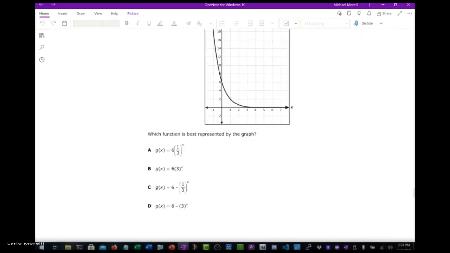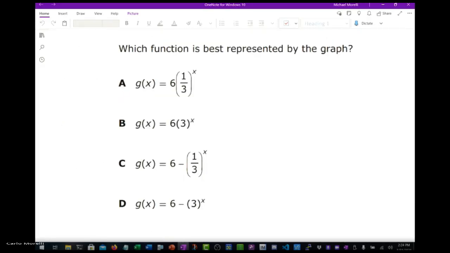Great. Okay, look at this and pick the answer. Remember what I told you. There can be nothing in between the starting value and that parentheses sign, so you can eliminate C and D. We said it was decay, which means the thing inside the parentheses has to be less than 1. So what's the answer? A. You understand? Good.